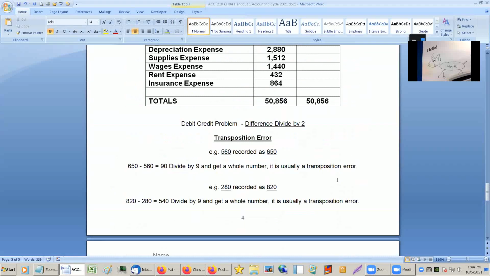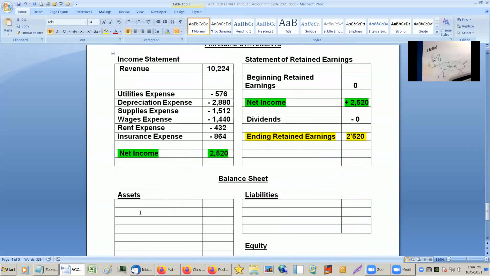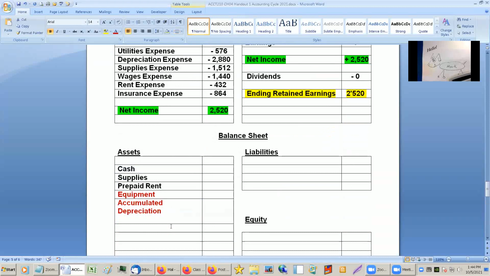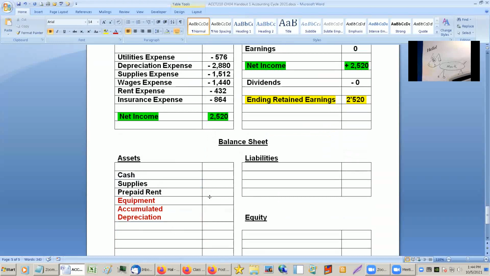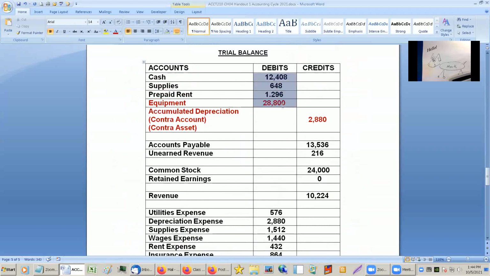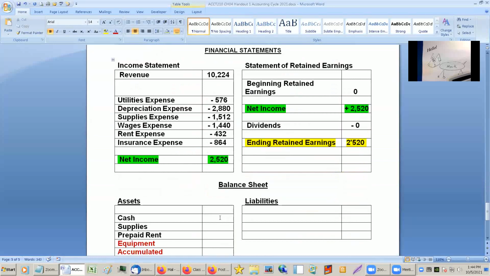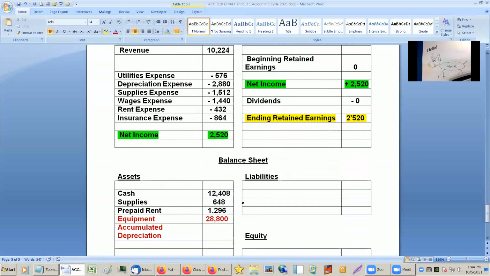All right, balance sheet. Assets. Okay, and now let's do accumulated depreciation. This is going to be negative.